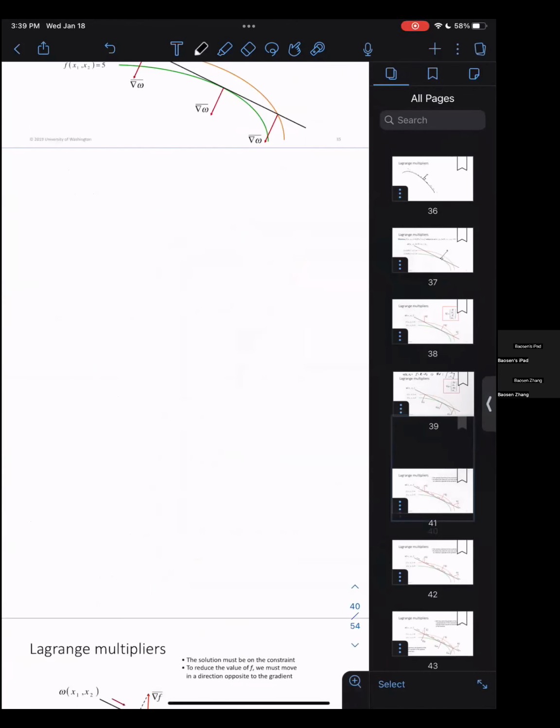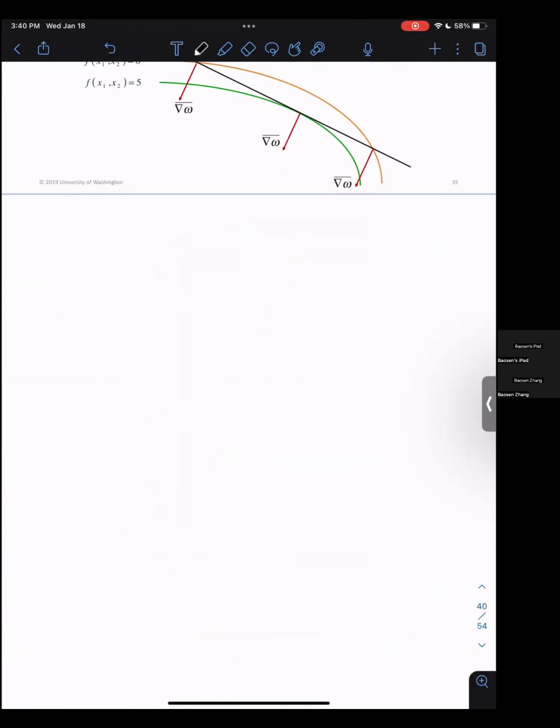So that's the idea. The whole thing goes like this. I want this thing to make a right angle with my constraint. We know the gradient of the constraint is always perpendicular to the constraint.